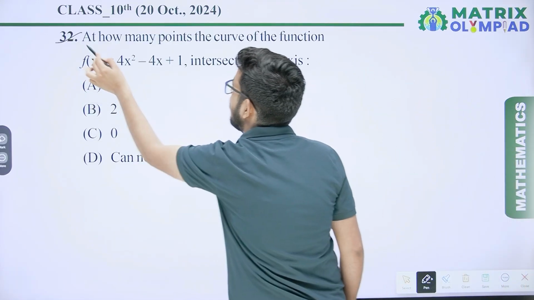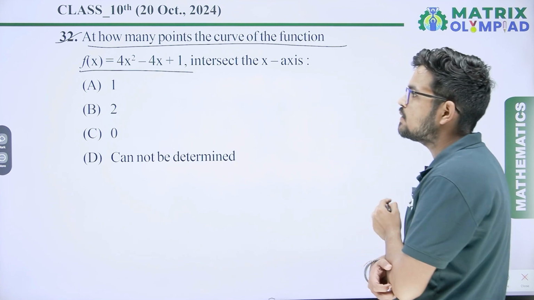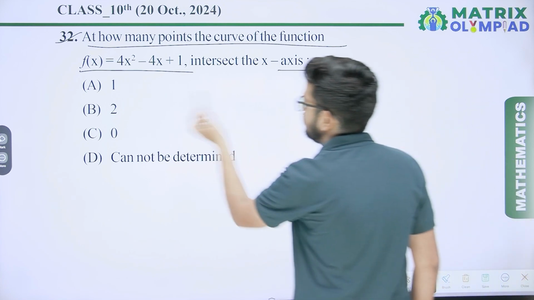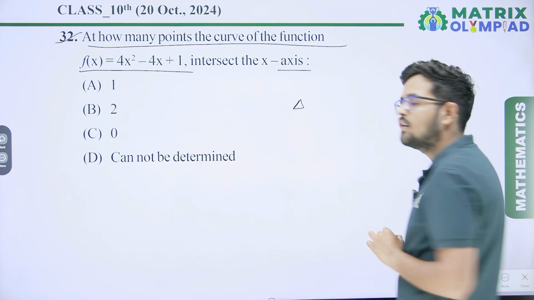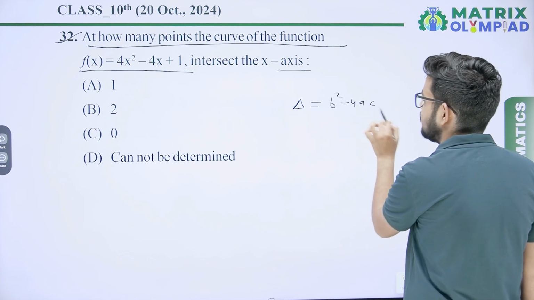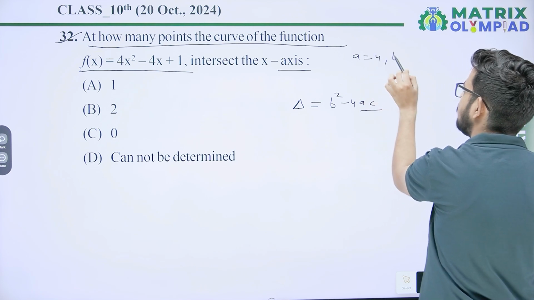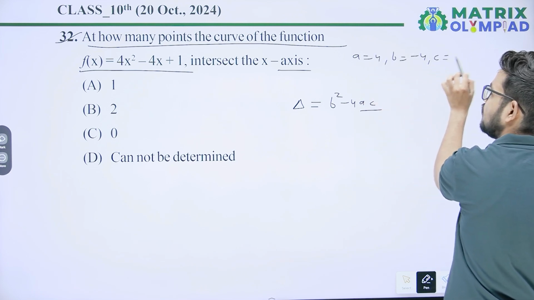Next question, at how many points does the curve of the function 4x square minus 4x plus 1 intersect the x-axis. For this find the discriminant, that is delta equals b square minus 4ac. According to the question, a equals 4, b equals minus 4, c equals 1.